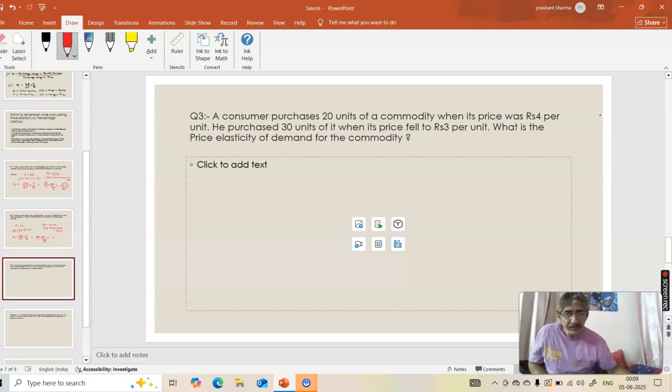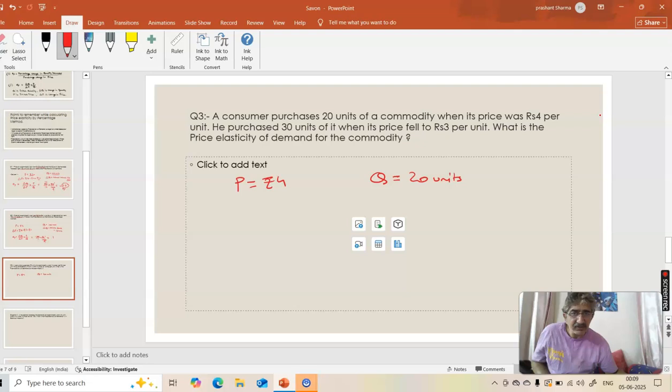A consumer purchases 20 units of a commodity when its price was 4 rupees per unit. That means the original price is rupees 4, and the original quantity is 20 units. He purchased 30 units when its price fell to rupees 3 per unit.